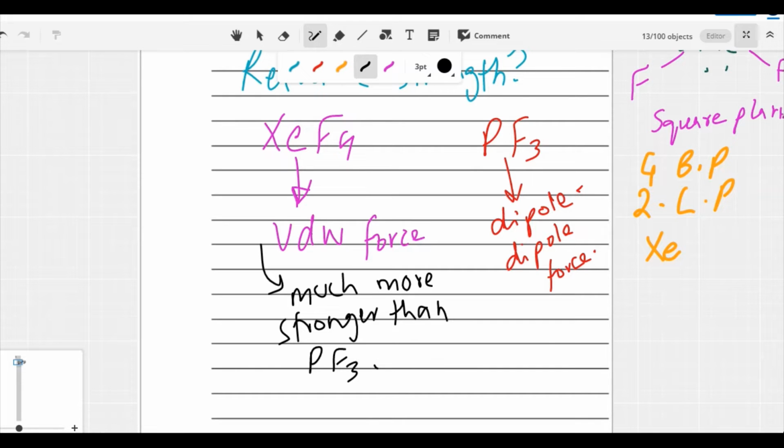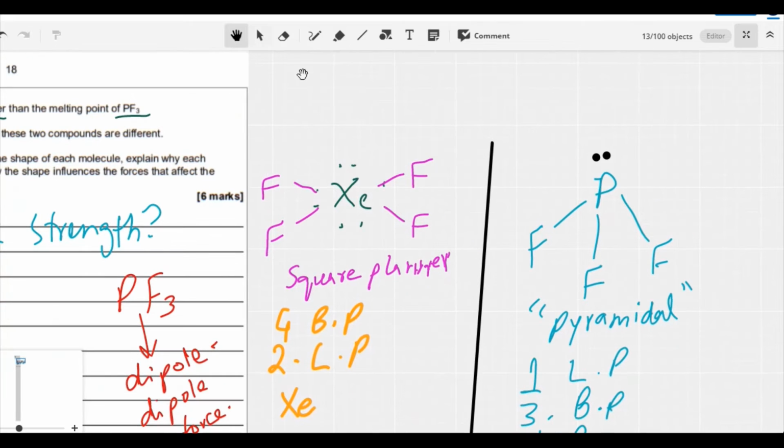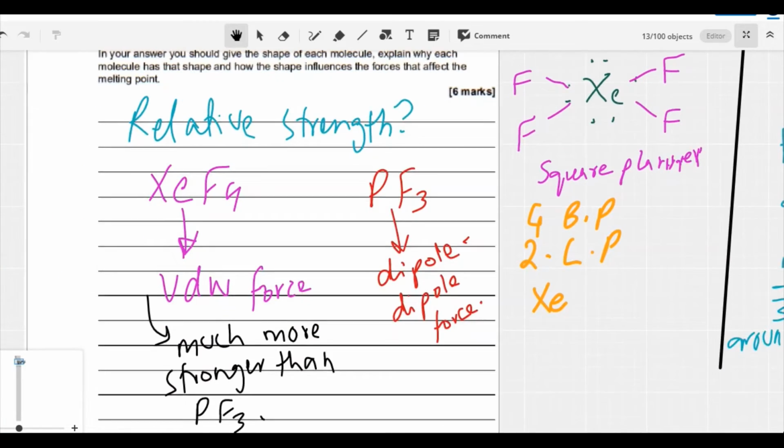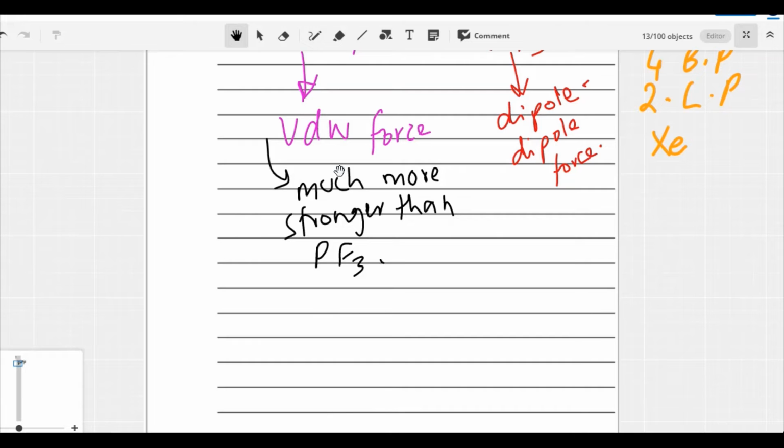Why? When we compare the two structures, xenon tetrafluoride has a larger molecular mass, or larger molecular size. Due to that, in xenon tetrafluoride there will be more electrons and they are packed closely. So why are the van der Waals forces much stronger in xenon tetrafluoride?